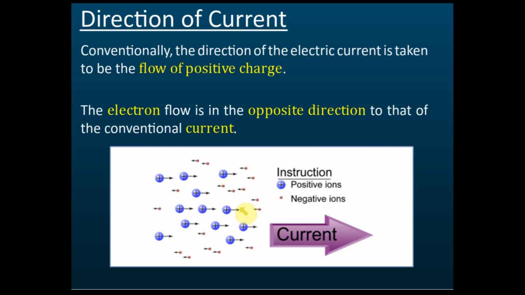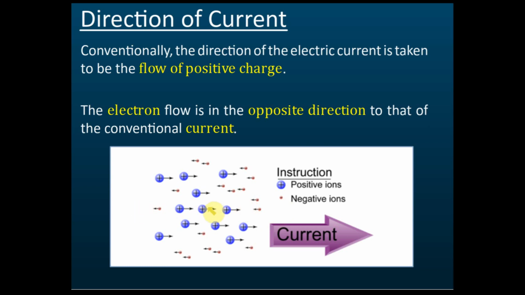If you still remember, last week we learned that if we have a charge in an electric field, there will be a force exerted on the charge to make it move. In this case, the positive charge moves to the right and the negative charge moves to the left.